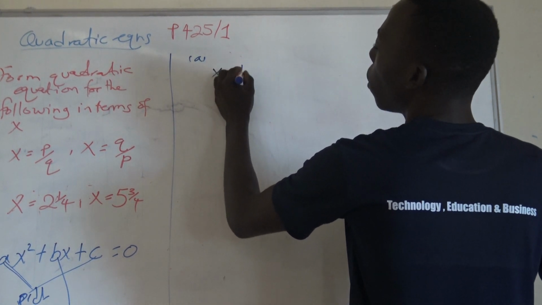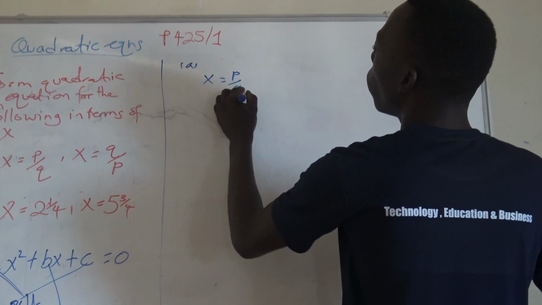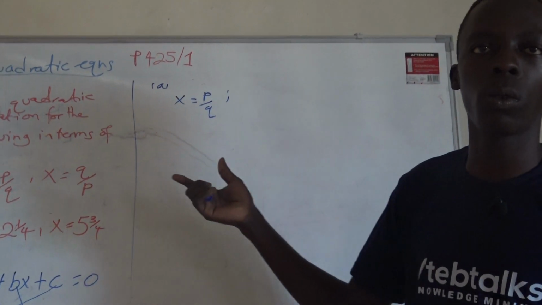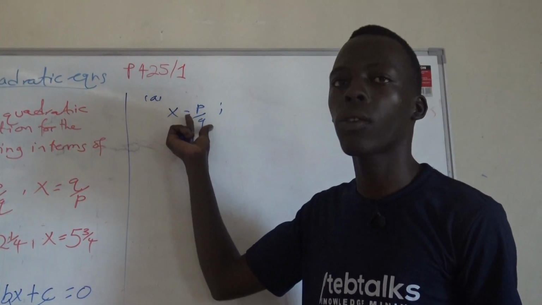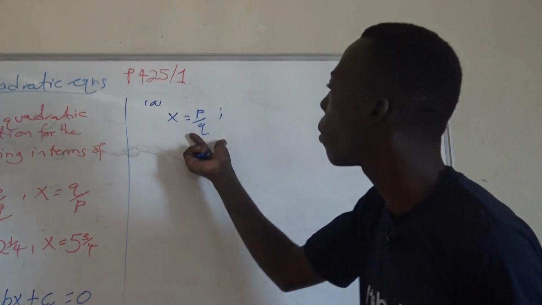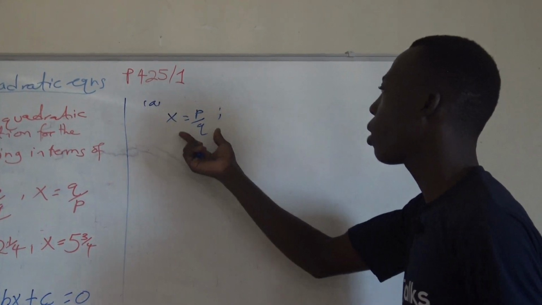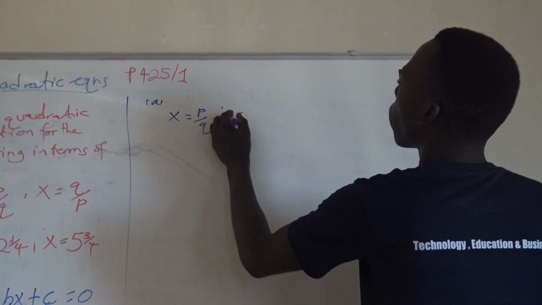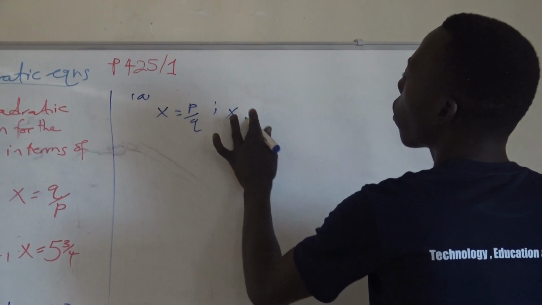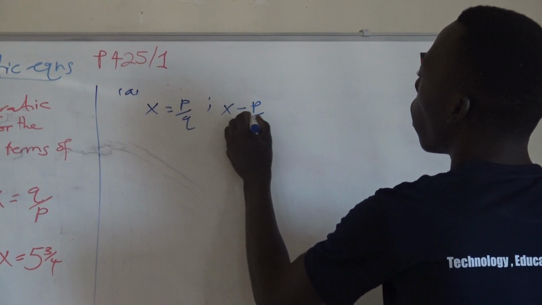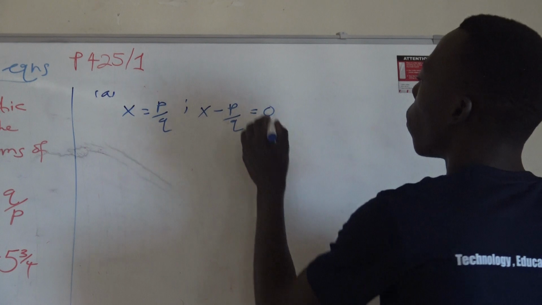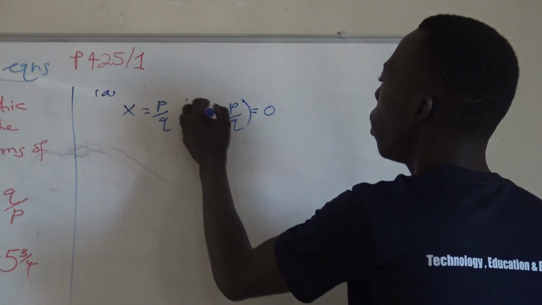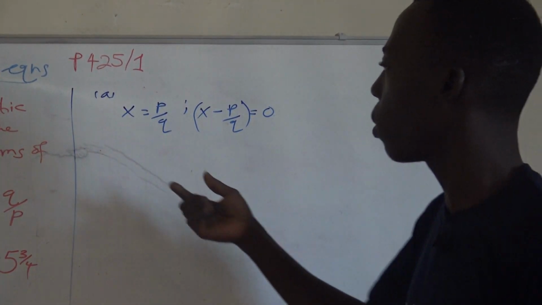Now what we do, they say that the first equation is x equals p out of q. So we take the one on the right hand side to the left hand side, which gives x minus p out of q equals 0. So this will be our first part which we are going to consider.